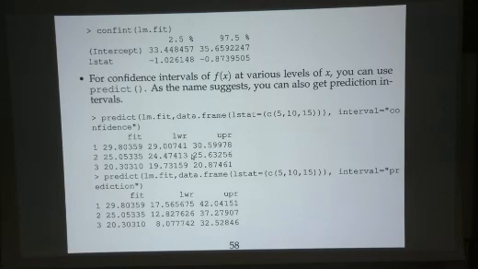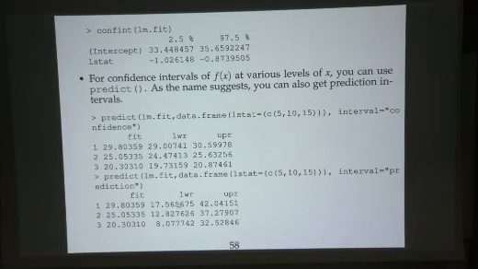The confidence interval is the region in which your f(x) lies with probability 95%, and the prediction interval is the interval in which your y lies with 95% probability. We also discussed that prediction intervals are larger than confidence intervals. In this case the confidence interval is 29 to 30, and the prediction interval is 17 to 42. So the lower one in the prediction case is lower than this one, and the upper one is higher than this one.